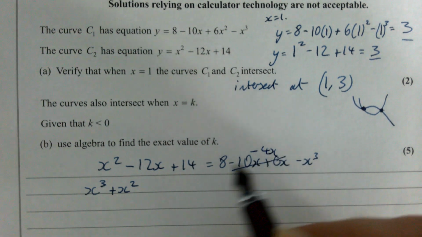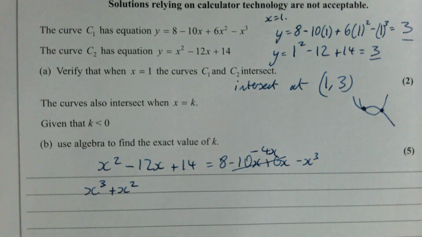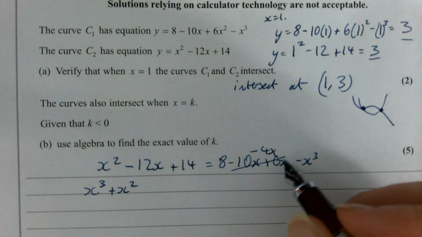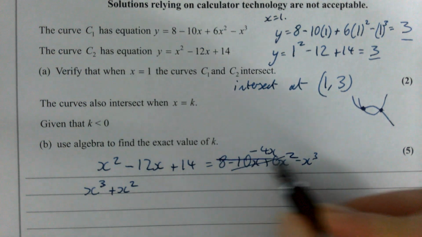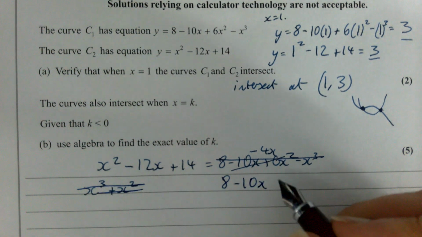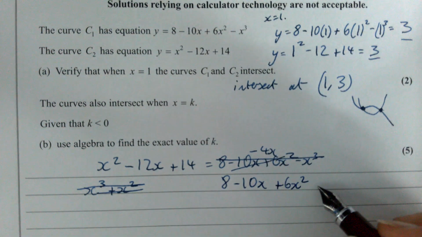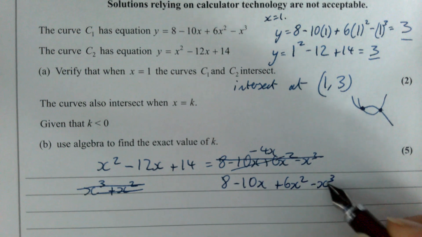So if we add 4x to both sides, sorry, I'm talking nonsense, aren't I? That is 6x squared. Let me write all of that again. 8 minus 10x plus 6x squared. So always taking care to copy down what we've got there carefully, folks.